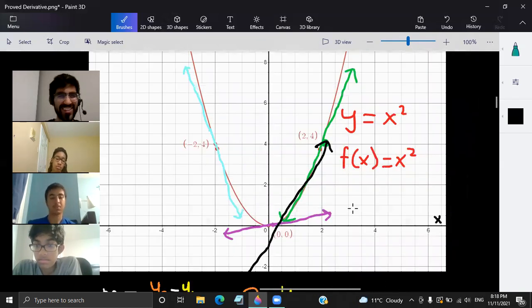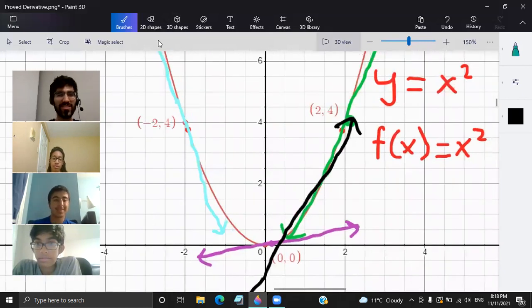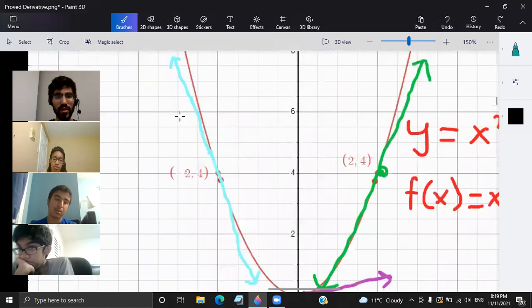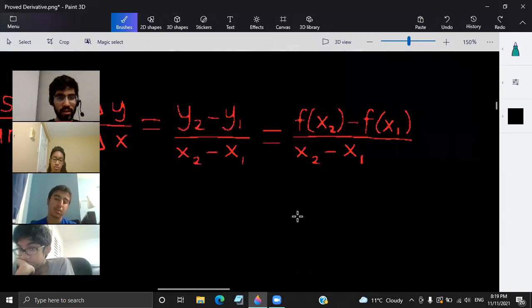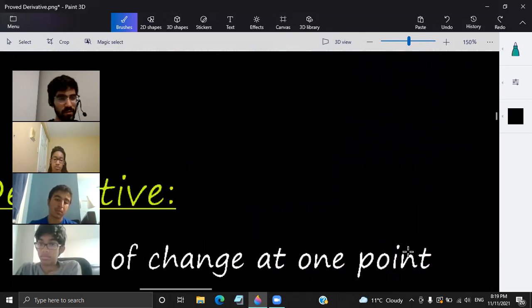That is such a terrible drawing. Please forgive me. I'm going to erase this mess, but the key idea is I can calculate a bunch of slopes, a bunch of tangent lines at that. For a bunch of points, remember, this is what we call a derivative, the rate of change at one point.